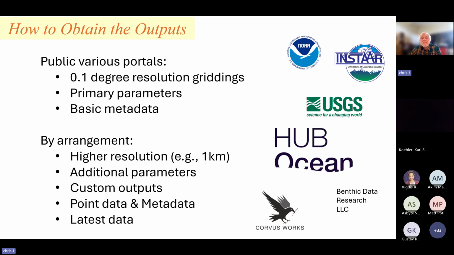Over the years in compiling dbSEABED, we've run up against a couple of cases where a nation or a government was willing to contribute data, but they were sensitive about defense or giving away too much about the areas just offshore of their harbors. So at 0.1 degrees, we resolve those sensitivities. And that's why we've chosen that. But there are other things too that convinced us that we needed to keep the public level coarse.